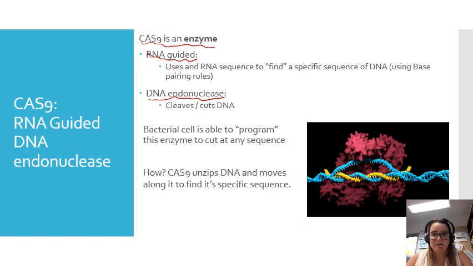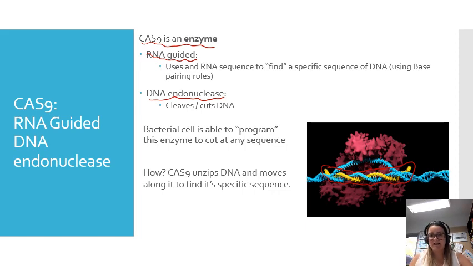The fact that it's RNA guided means that it uses an RNA sequence to find a specific sequence of DNA using base pairing rules. So you can see here in this image on the right that this little yellow part of this protein is RNA.